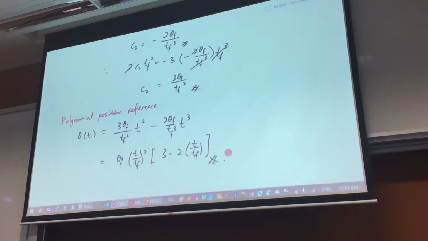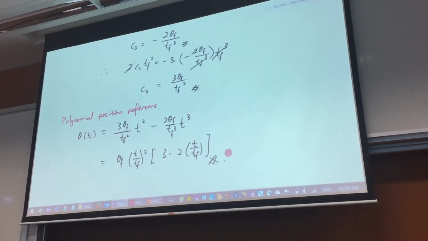I've also seen before that students solve coefficients C0, C1, C2, C3, and did not write out the polynomial position reference, even though you're asked for it, you lose some marks. Right? Because marks will be allocated to that. I've also seen the other way around, that you are not asked to write down the polynomial position reference and the student wrote it down, you don't get extra marks.